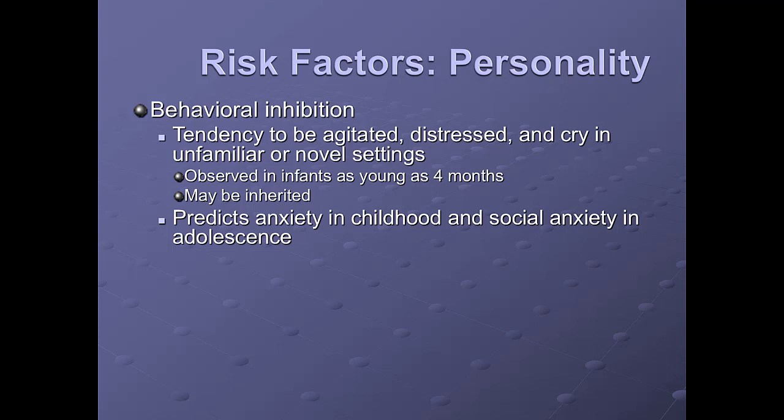When an infant is presented a new person or a new situation or even a novel toy, they become very stressed or agitated and they cry. And what we find is that this is predictive of anxiety in childhood and later on of social anxiety in adolescence.